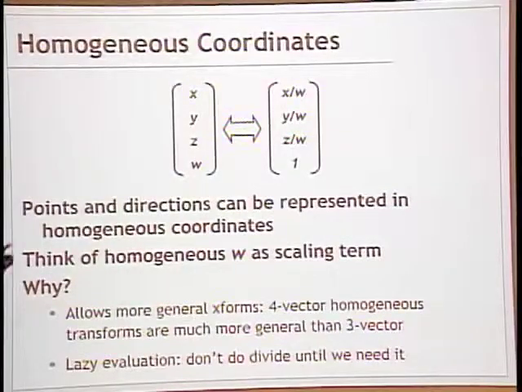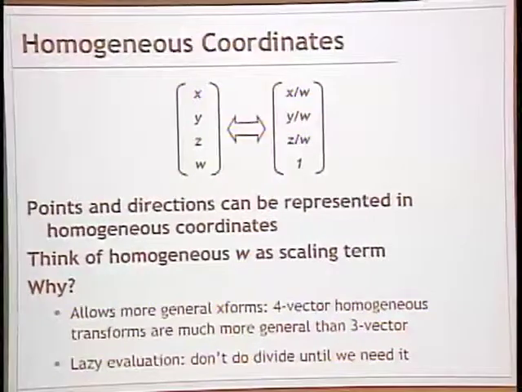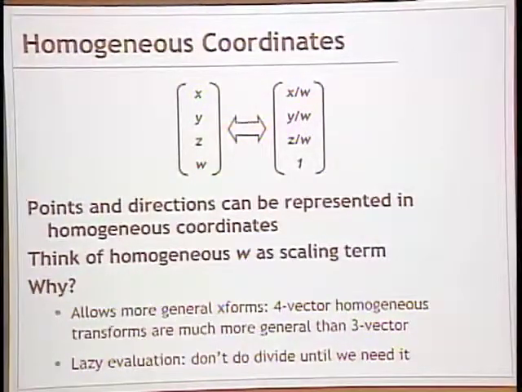The other thing is that this divide historically has been expensive. You have to do a divide on every vertex. Floating point divide isn't cheap. Floating point divide especially isn't cheap if you look at hardware in 1982, like when Jim Clark made the first geometry processors. So if we can push off this divide until we actually have to do it, that's better.